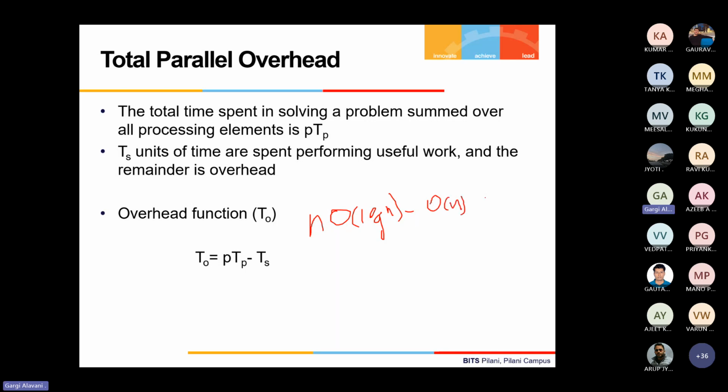The extra execution time that we end up spending because of using more processors, which includes the synchronization task, the communication time required, or whatever extra we end up spending, is the total parallel overhead.